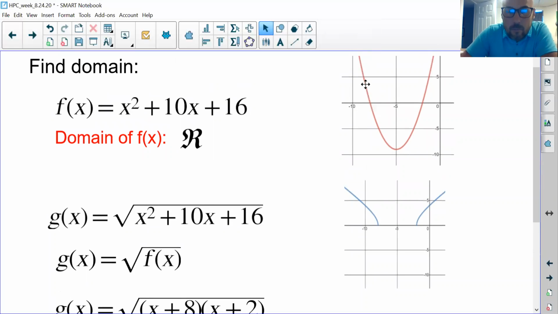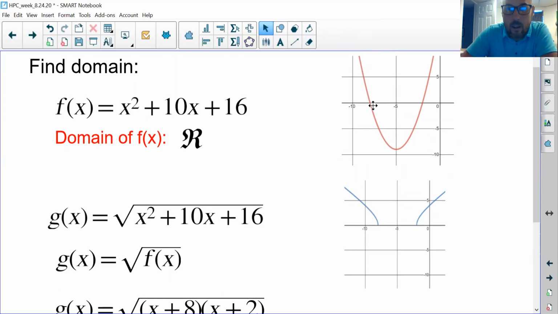Because this went back up here to the parabola, the square root of 4 will be 2. So what was originally 4 now becomes 2. The square root of 9 will become 3. So that's why the y values aren't increasing as much. Notice the square root of 0 is still 0.